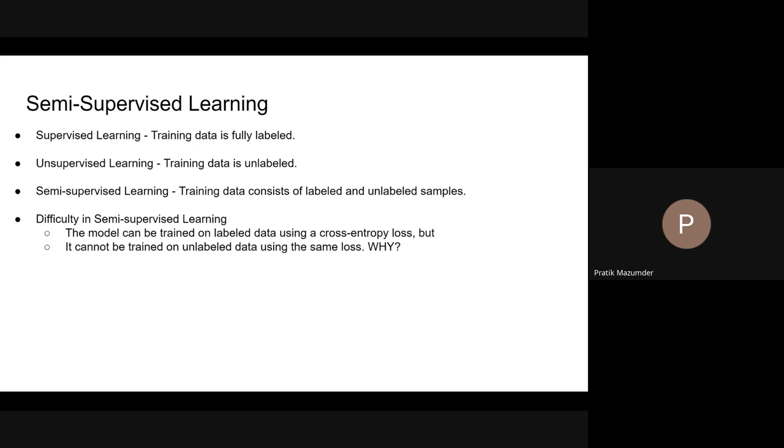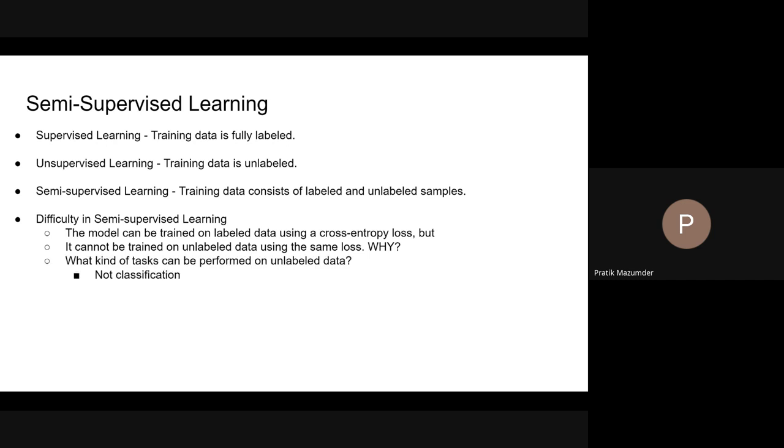So, semi-supervised learning is somewhere in between, where you have both labeled as well as unlabeled samples. Now, the problem is that if you build one single network that is supposed to work for both labeled and unlabeled data, it's a tricky thing to do. If you consider unsupervised learning, classification is not one of the tasks you can perform using it.